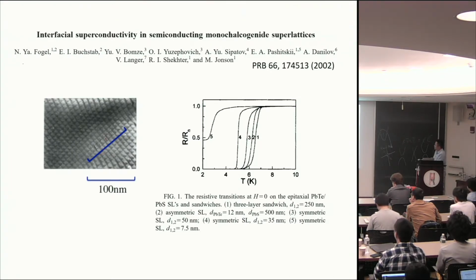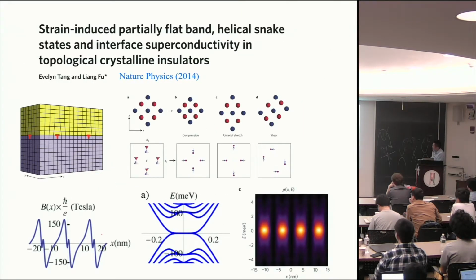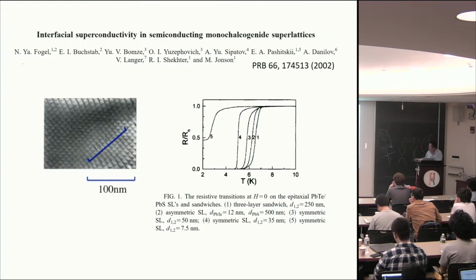And the superlattice period is again on the order of 10 nanometers. Now, what's interesting is that none of these underlying materials are superconducting. These are all semiconductors. But the interface becomes superconducting with a Tc on the order of a few Kelvin. So a few years ago, we got interested because some of these materials are topological insulators.